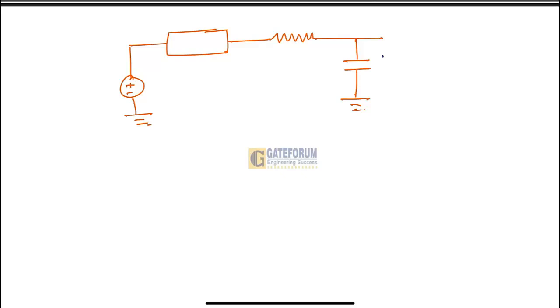So in terms of Laplace, it will be 1 by CS, this is R, this is ZTH, and this is VTH, which will be given as VTH is equal to RCS divided by 1 plus RCS into V0, what we calculated earlier.